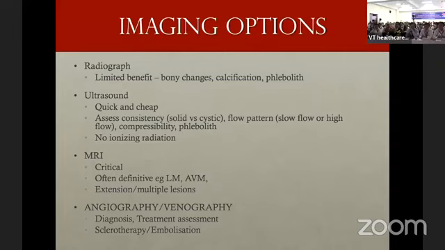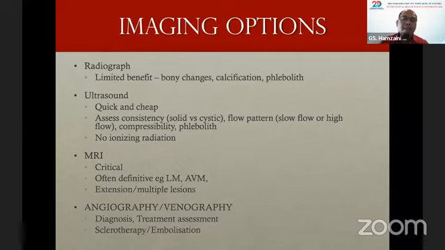Next imaging modality is ultrasound. Ultrasound is quick and cheap. I usually do ultrasound first before other imaging modalities in pediatric patients. Ultrasound is a very quick assessment to differentiate whether the lesion is solid or cystic.